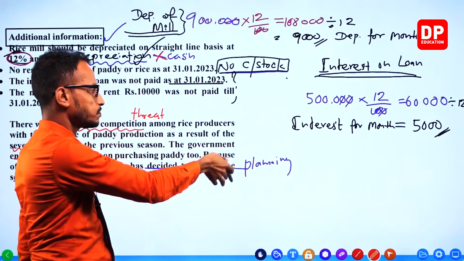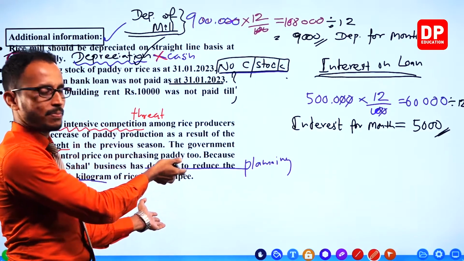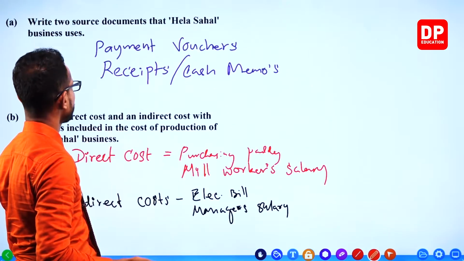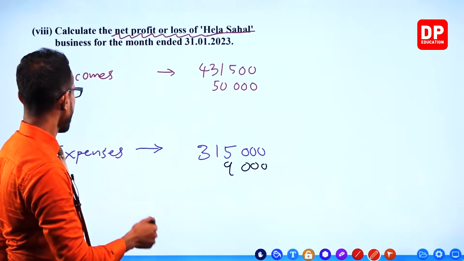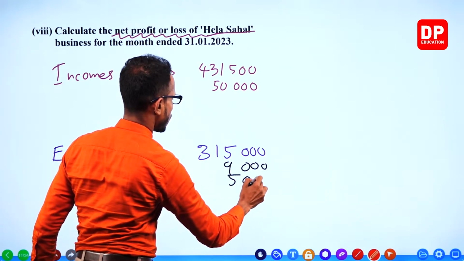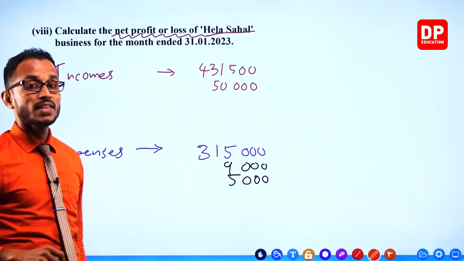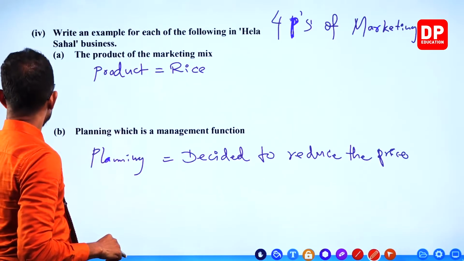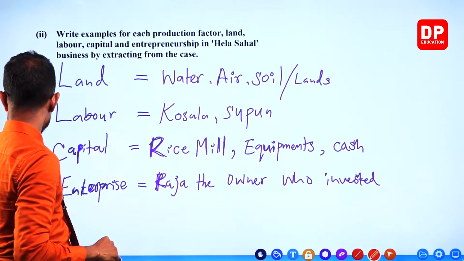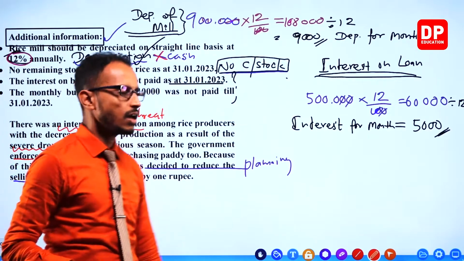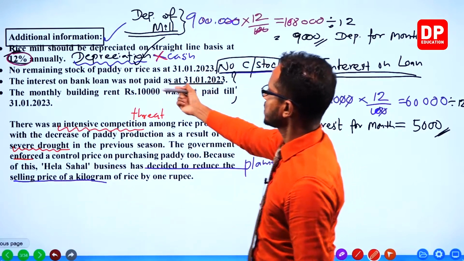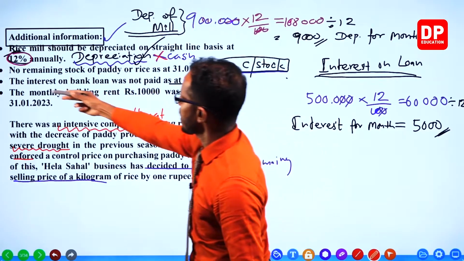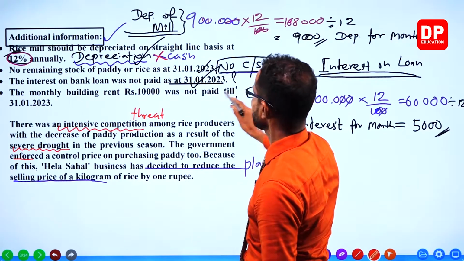That also we must put as an expense, 5,000 interest. Okay. Are we done with the additional information now? Interest on bank loan, done.